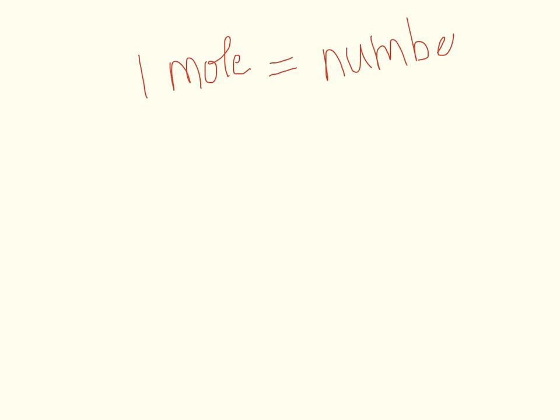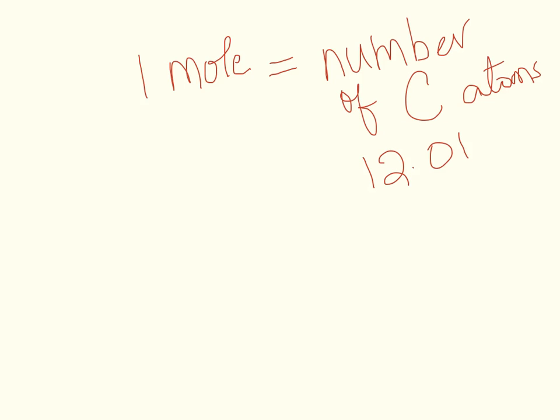The other thing that you need to understand about the mole is that the value of 1 mole is equal to the number of carbon atoms present in 12.01 grams of carbon sample.